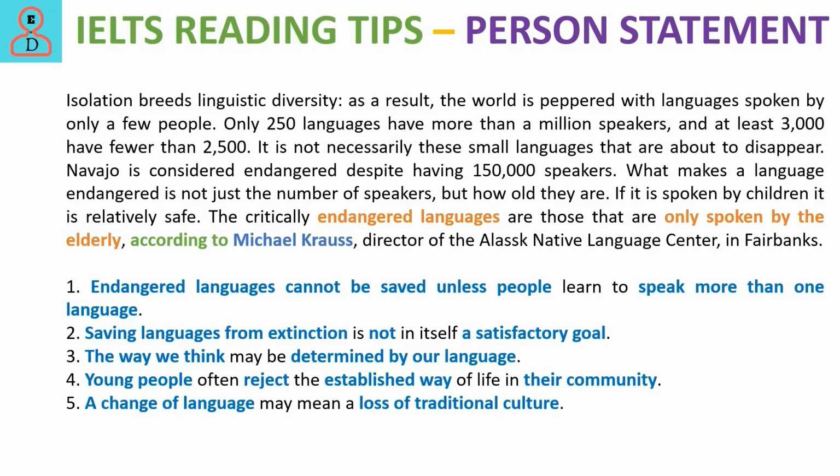Again, if you look carefully at the statements, then no statement mentions old or elderly people. Hence, like the previous paragraph, we can ignore this one also without marking any person as the answer.